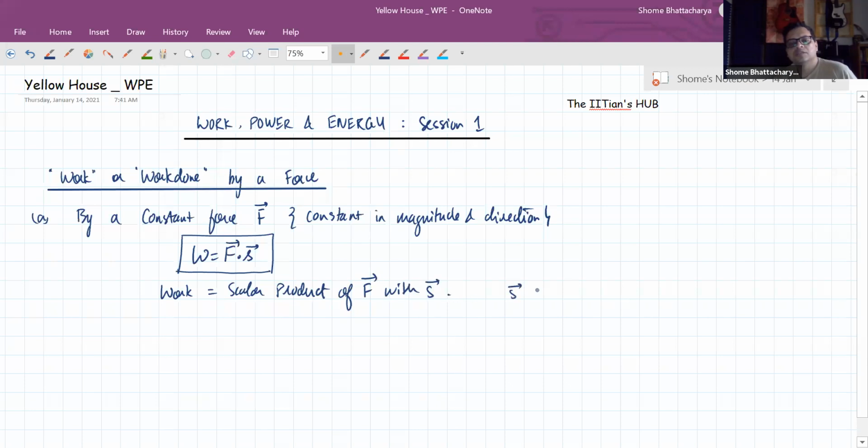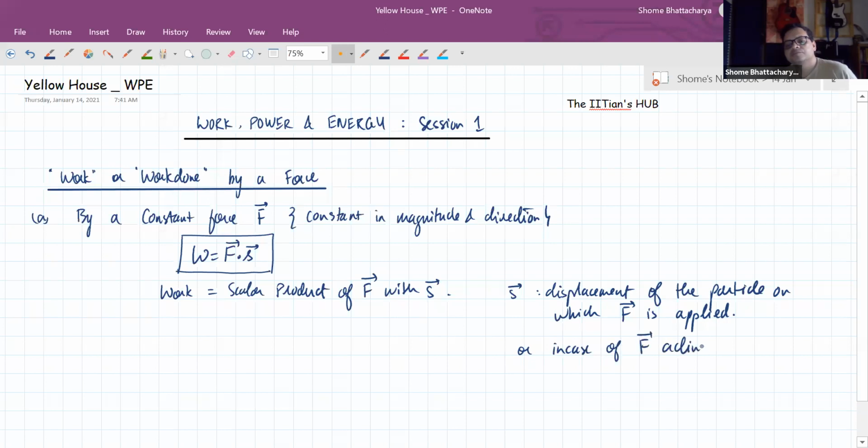Where S is the displacement of the particle on which the force F is applied, or in case of F acting on a body, then S is the displacement of the point at which the force acts.